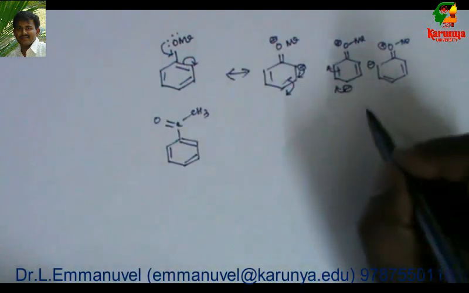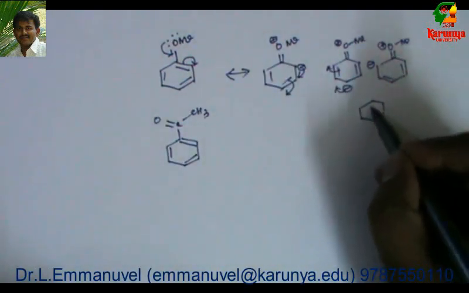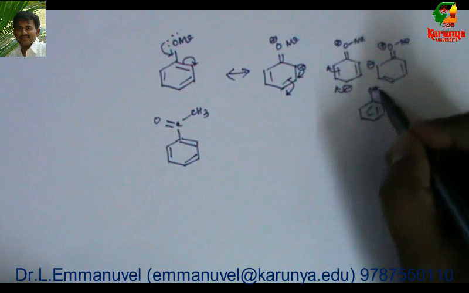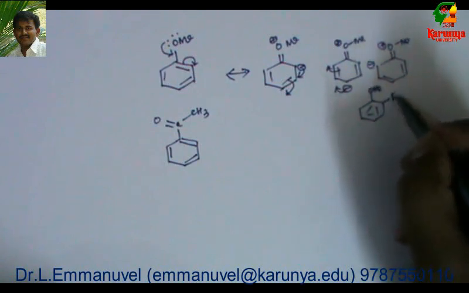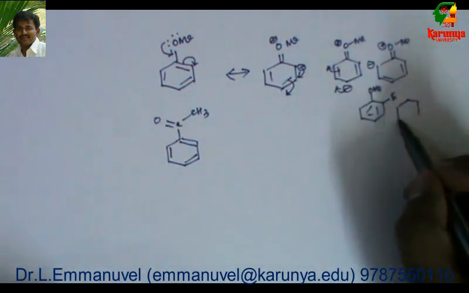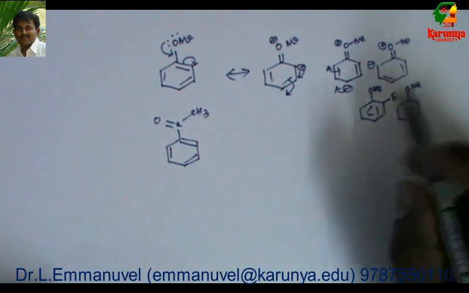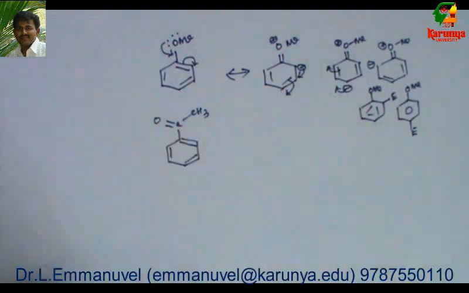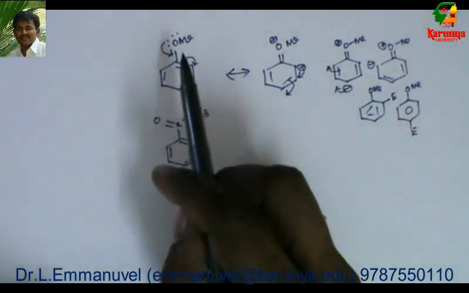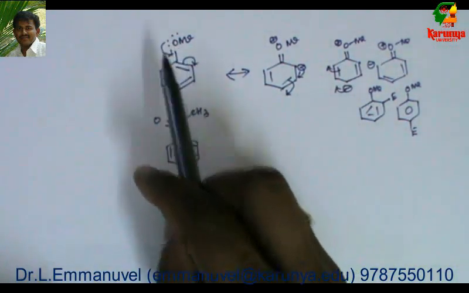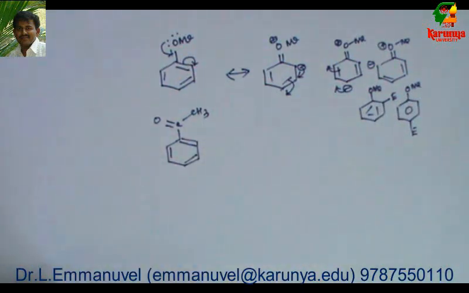So the product, whatever we get, will be like this. So we get the ortho product and the para product. That's why we call this OMe group ortho and para directing. The reason is the electron density on that position is very high because of resonance.